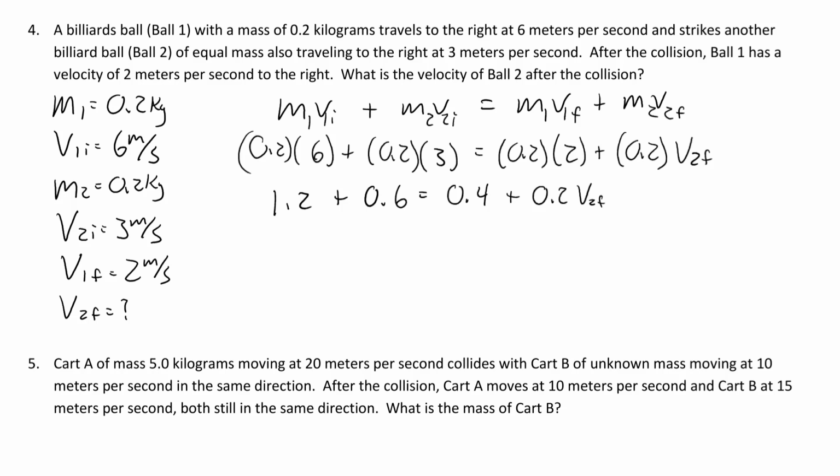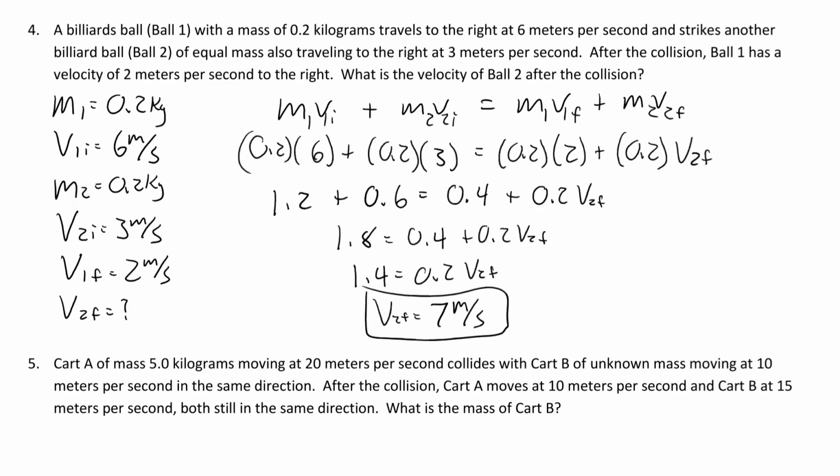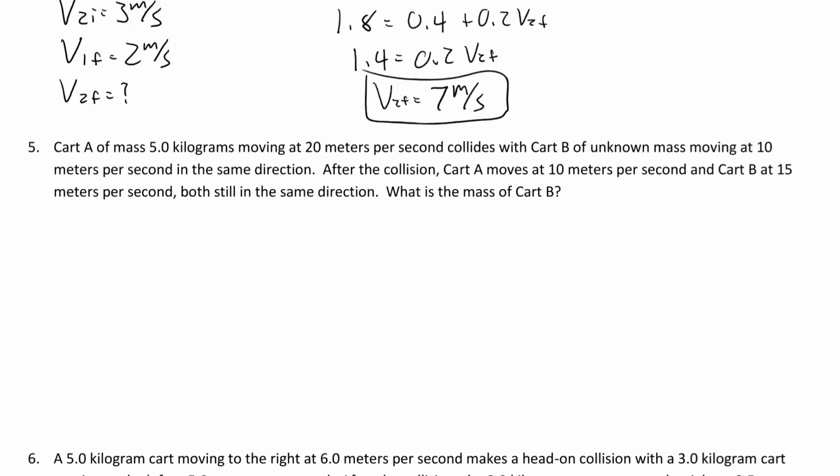All right, so 1.2 plus 0.6, that's 1.8, is equal to 0.4 plus 0.2 V2F. And now you subtract 0.4 on both sides of the equation, so you get 1.4 is equal to 0.2 V2F. And now you divide both sides by 0.2, so V2F is going to be equal to a nice 7 meters per second.